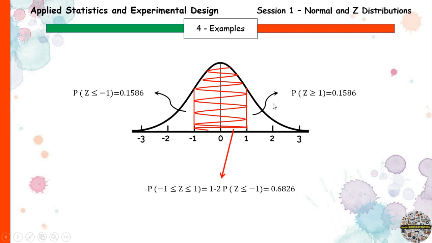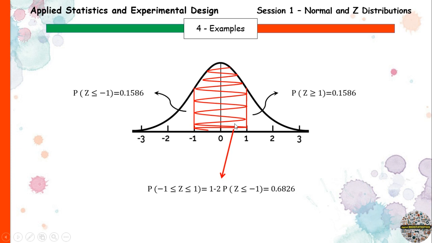If we multiply this value by 2, we have the probability of both sides, and if we subtract it from 1, we have the probability of this area.